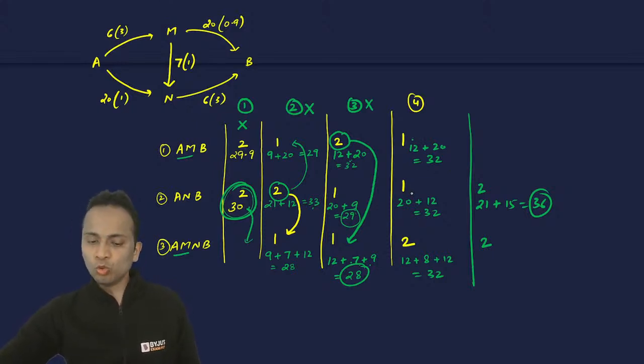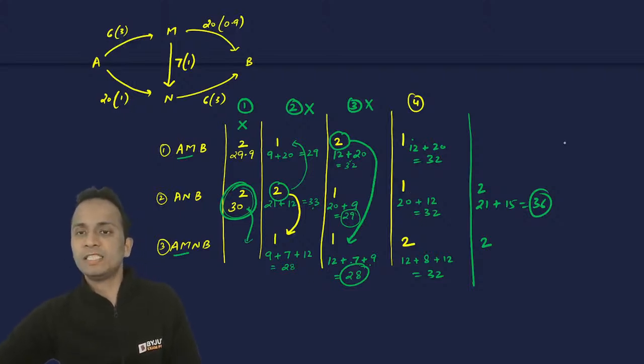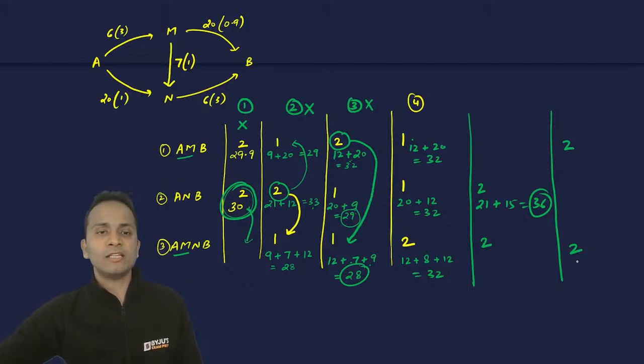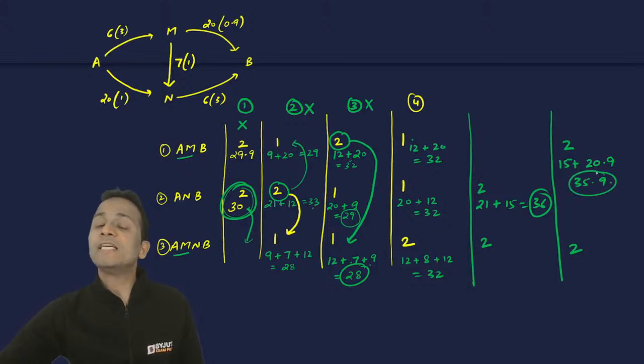Again, if रूट 2 से रूट 1 पे स्विच करेगी, then again if I'll take this case, 2 cars and 2 cars, so if 2 cars are in first route and 2 cars are in the fourth route, so 4 cars are traveling from AM, they will take 15 minutes, and 2 cars are here, they will take 20.9 minutes, that means 35.9 minutes. So again, this is increasing the travel time, not reducing the travel time.